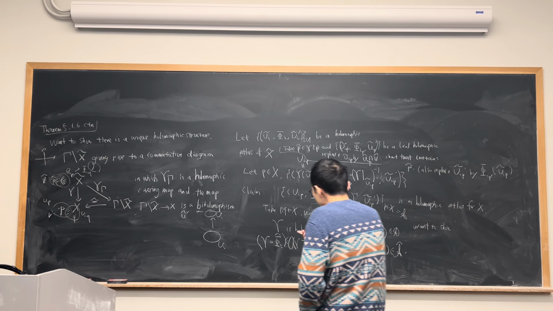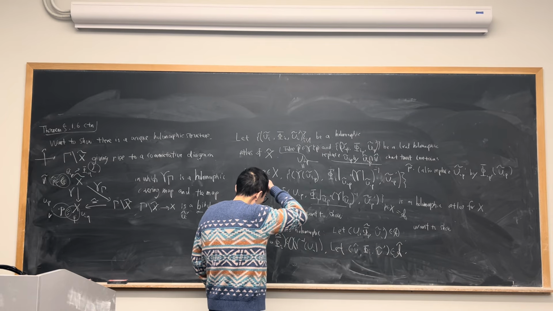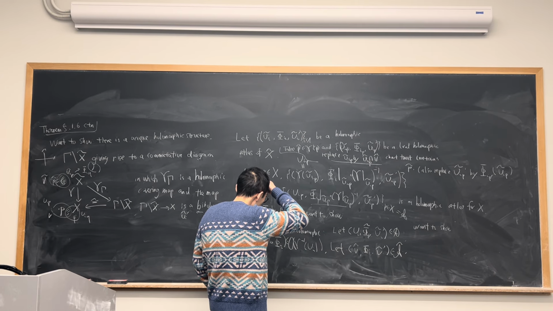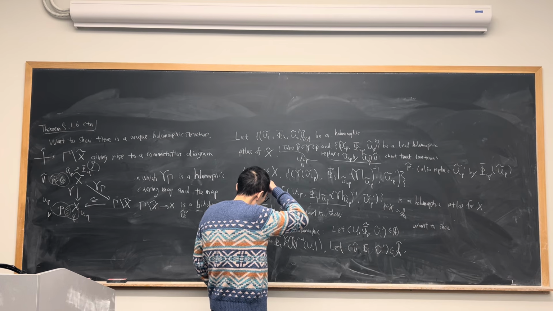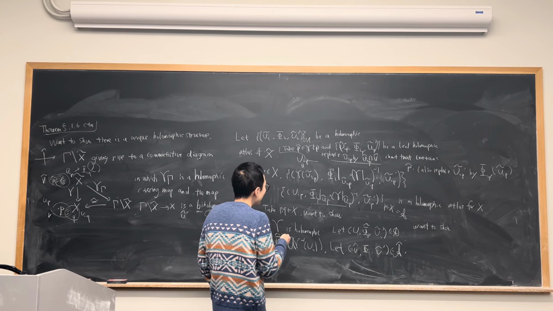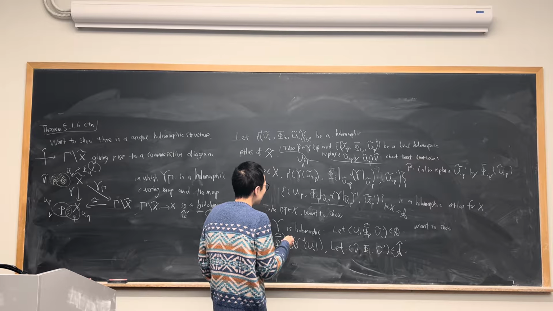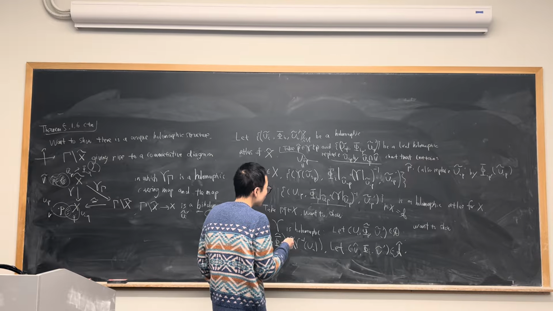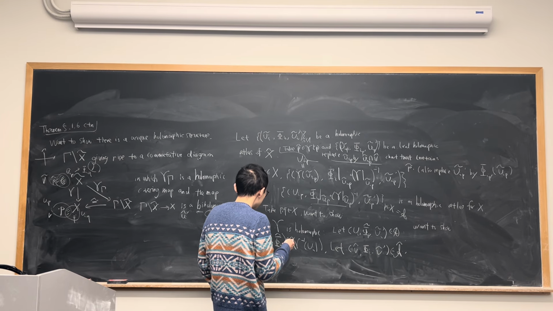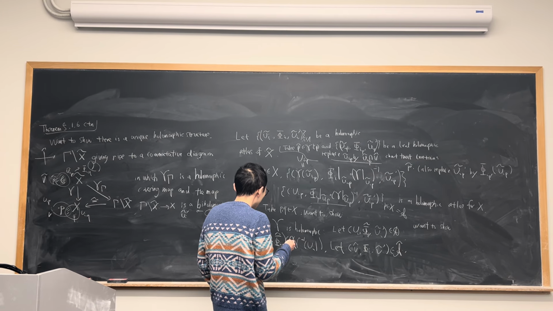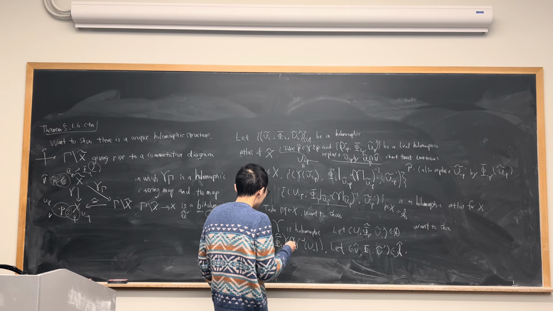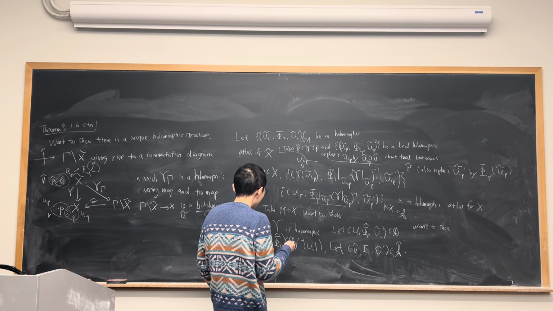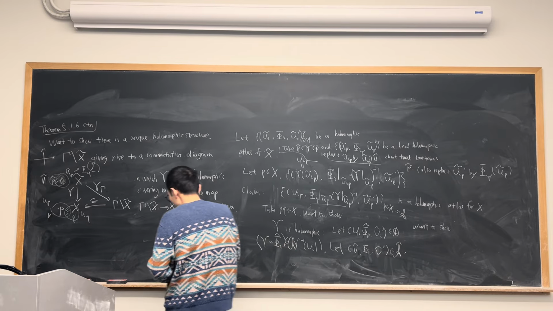I think here the map should be, so phi_I is a chart on this X. And then, okay, I messed up here.